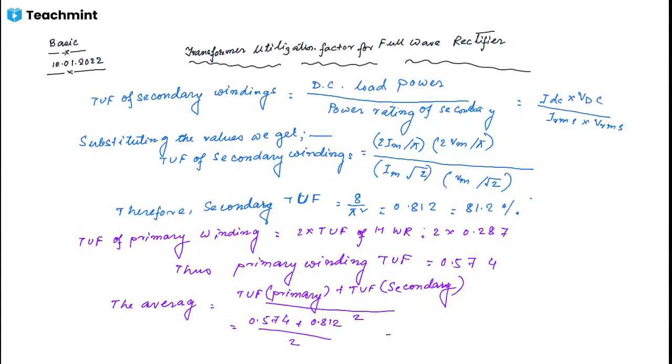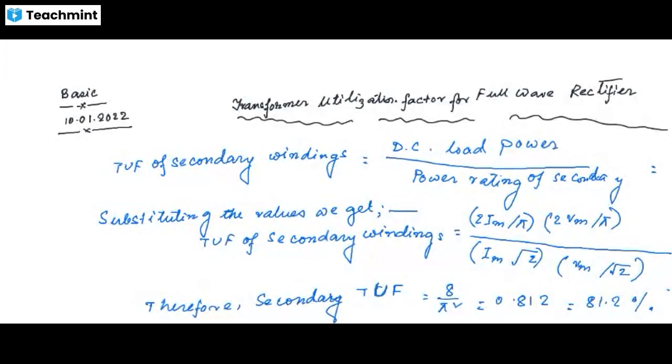So that equals 0.693, or 69.3%. So that is the transformer utilization factor for a full wave rectifier. Last was the half wave rectifier, this was the full wave rectifier. Any problem? No, sir. Okay.